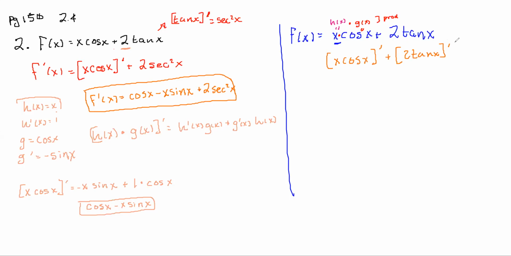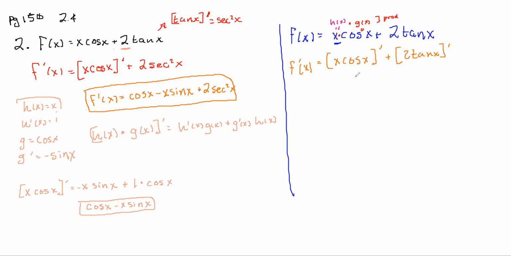Right? Yes, I think yes, if I understand what you're saying. So that is how the sum rule is explained, correct? We have the derivative of this plus the derivative of this is the derivative of the whole shebang together.